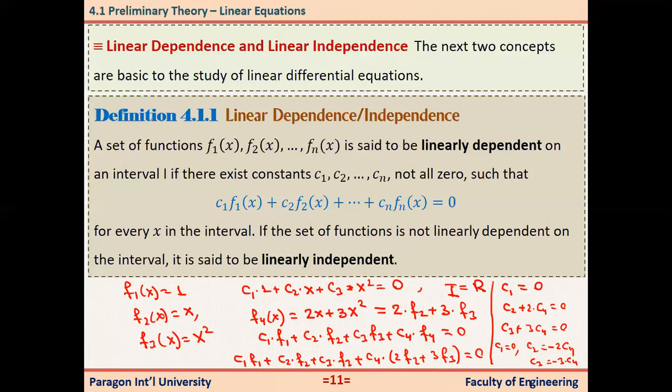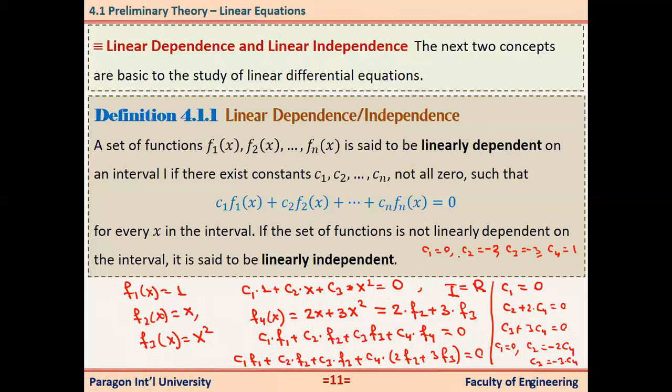If C4 equals 1, at that time C2 equals negative 2 and C3 equals negative 3. We have one combination: C1 equals 0, C2 equals minus 2, C3 equals minus 3, and C4 equals 1.